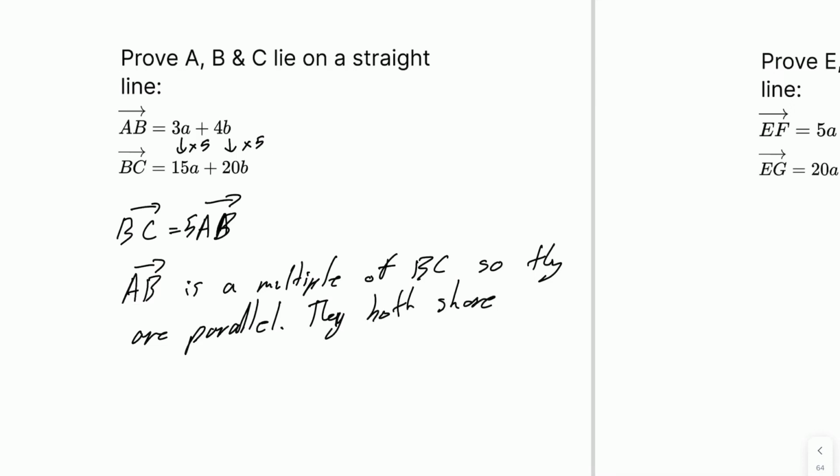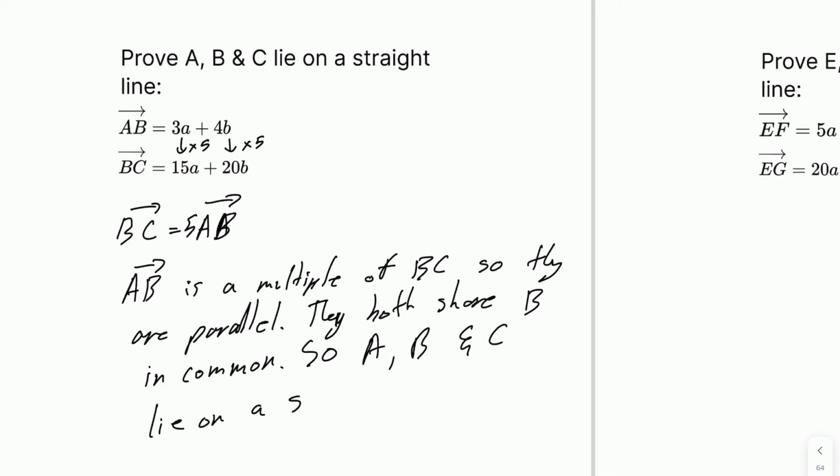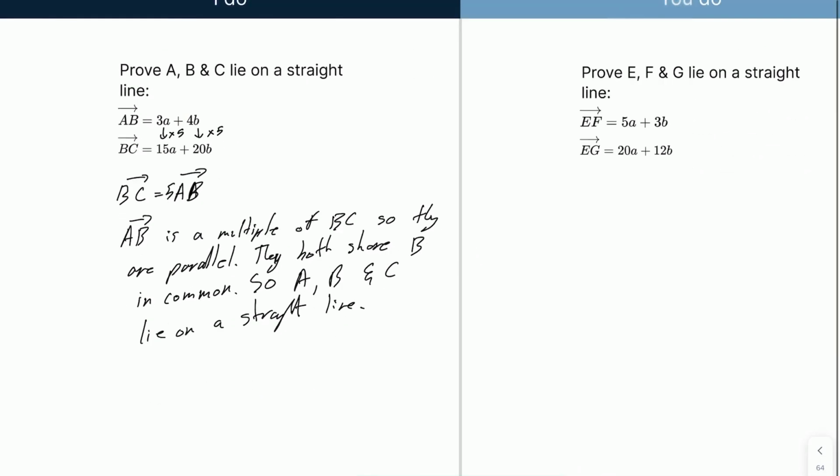Now they both share 1 point in common, and in this case it's B. They've both got B in common, so they both share B in common. This gets you the second mark. So A, B, and C lie on a straight line. Okay, you have to write all of that to get the marks.